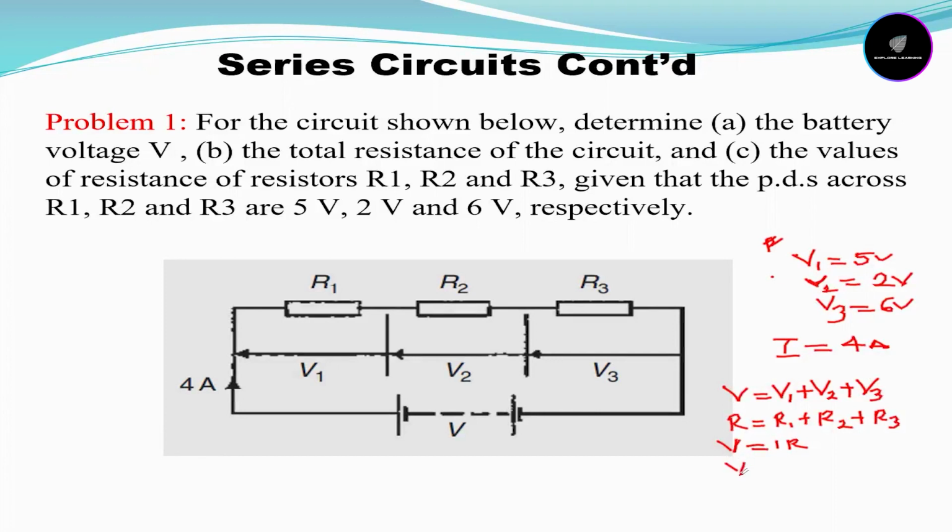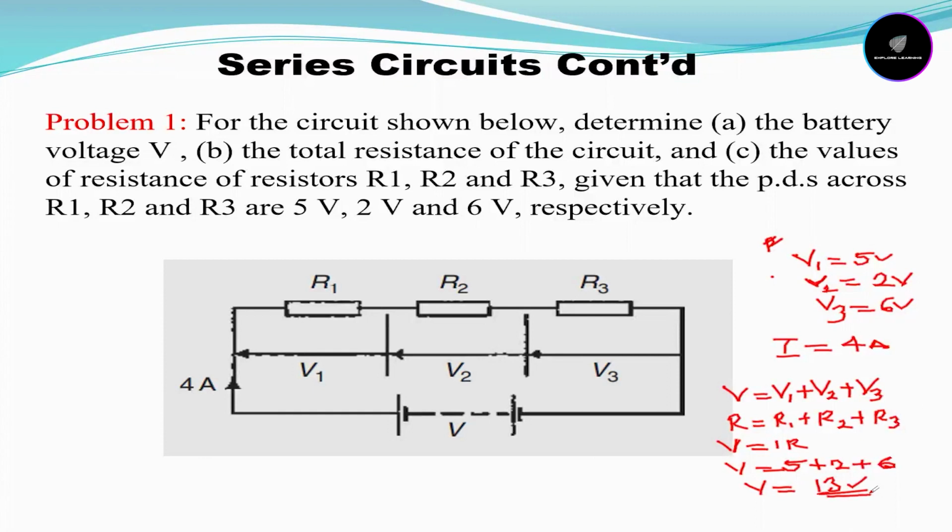The total voltage V is going to be V1 is 5 plus V2 is 2 plus V3 is 6. So V is going to be 13 volts.